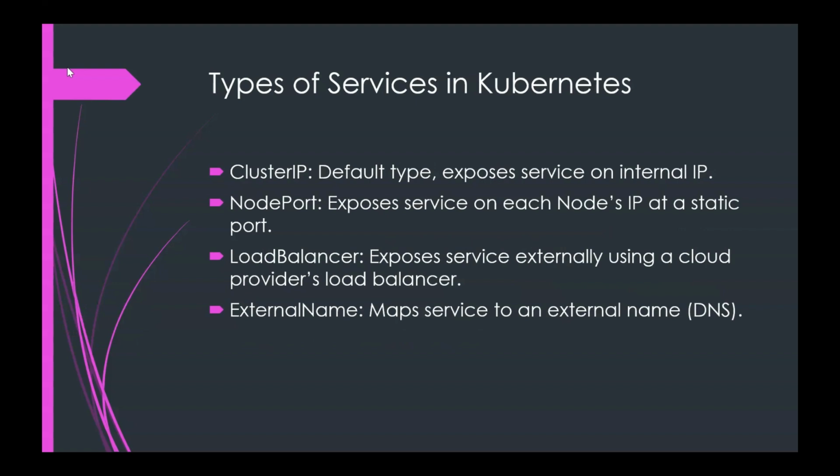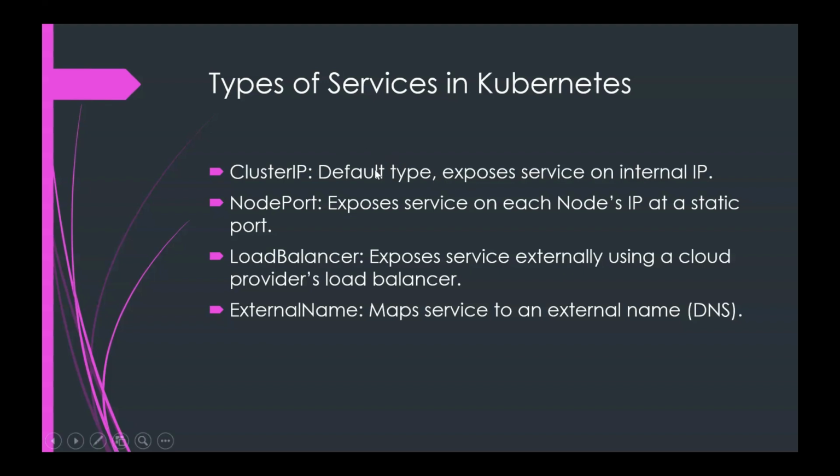Okay, how many types of services are there in Kubernetes? First one is ClusterIP. This is the default type. If you are creating a service and not specifying any type, a ClusterIP will be created by default. This exposes your service on an internal IP.